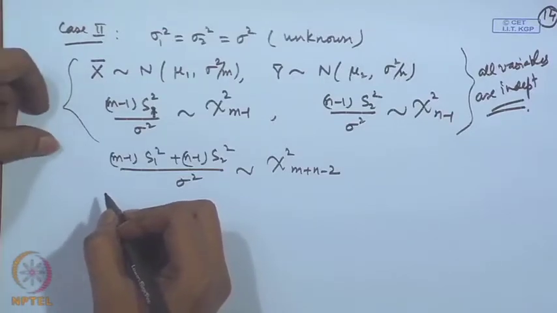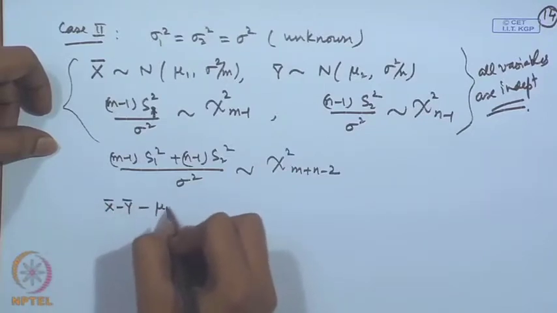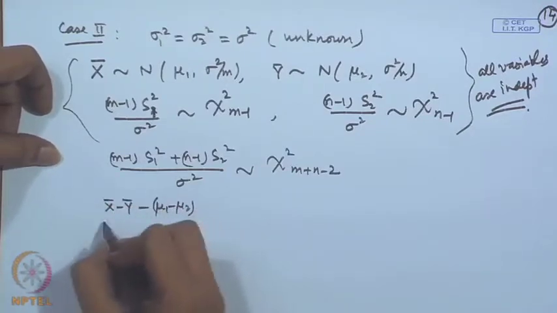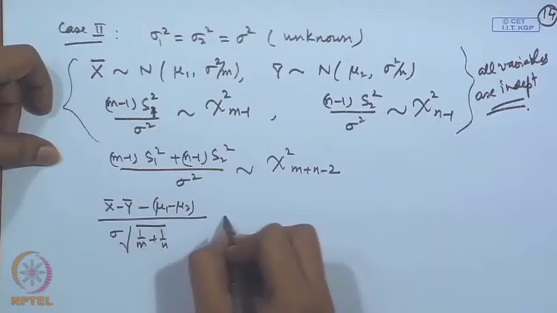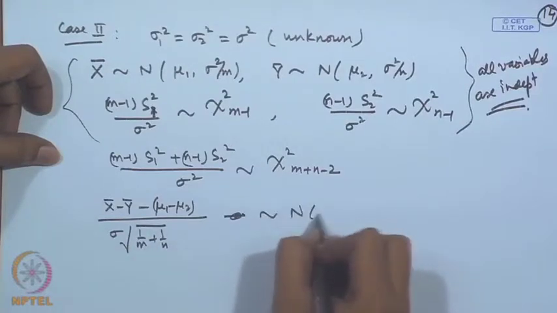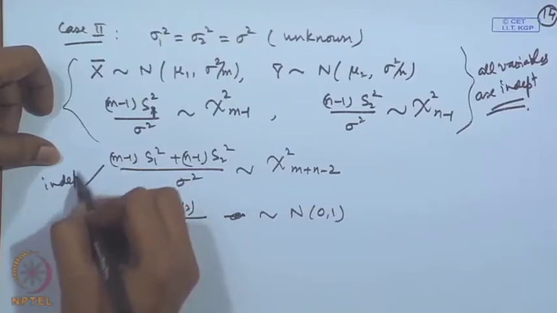x bar minus y bar minus (mu1 minus mu2) divided by sigma root(1 by m plus 1 by n). This follows normal(0, 1) and these two are also independent.